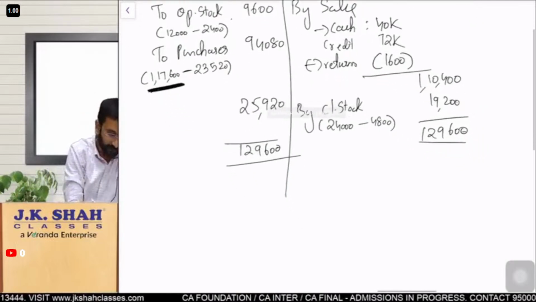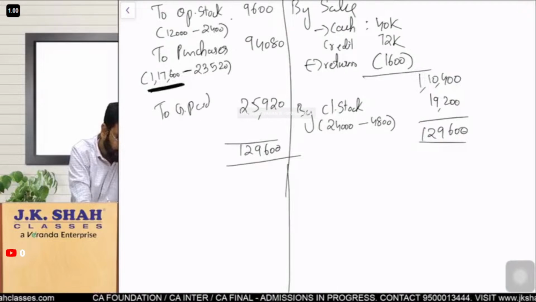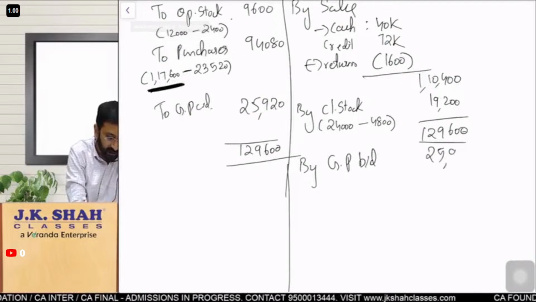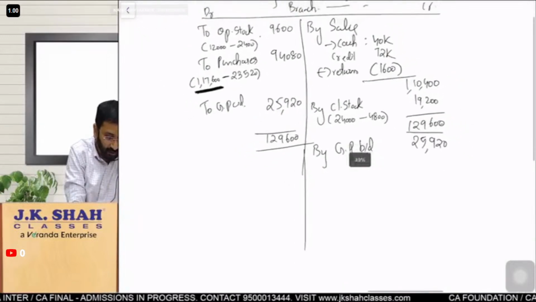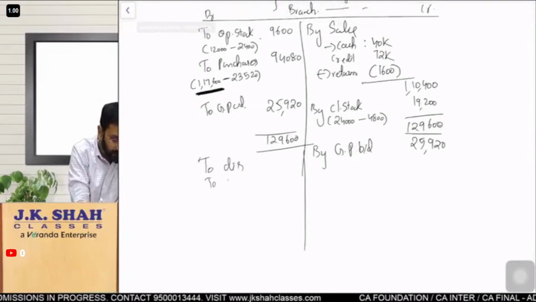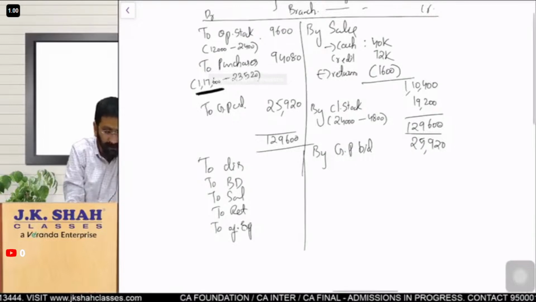Next, finally, by gross profit 25,920. Indirect income? No. Expenses? Yes. To discount, to bad debts, to salary, to rent, to office expense. Now you don't write simply branch expense.